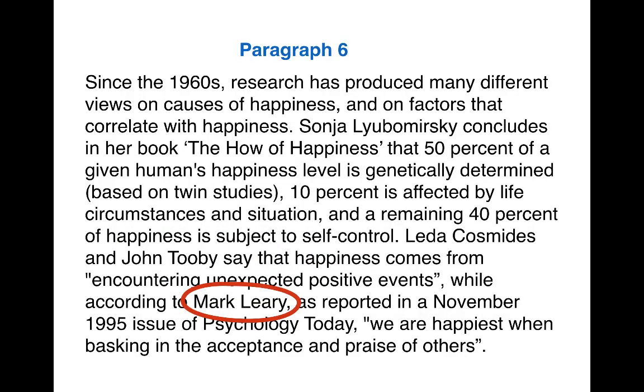So there he is in paragraph 6, and the information about him is just this part. You should see that everything before the lines highlighted in yellow is about different people. We've got Leda Cosmides and John Tooby. That's nothing to do with Mark Leary. So the part about Mark Leary starts with the words according to.